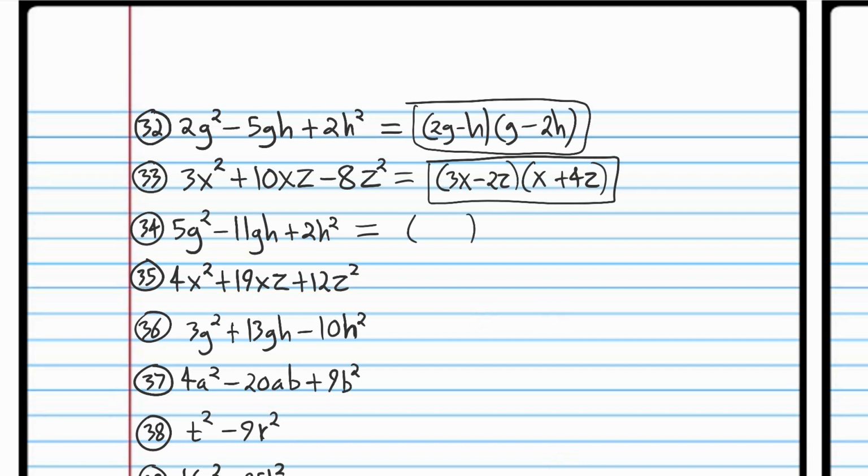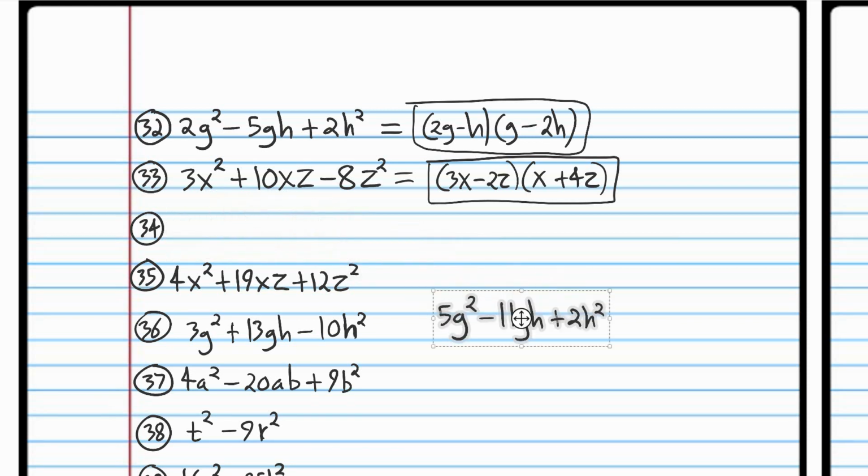All right, so 2 sets of parentheses, and we have 5, so there's only one option. You know what? I'm going to do this one later.